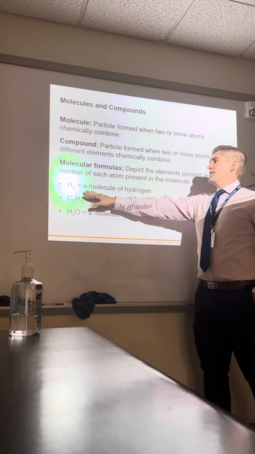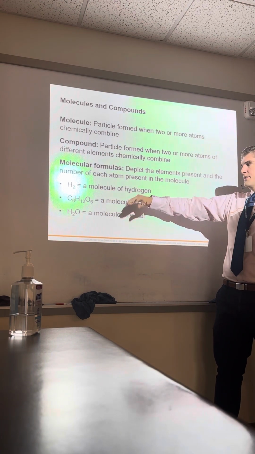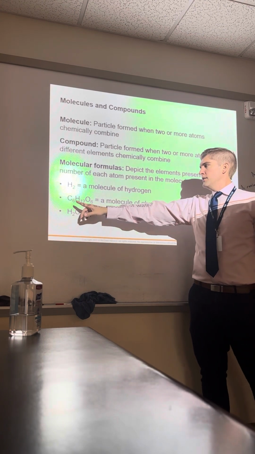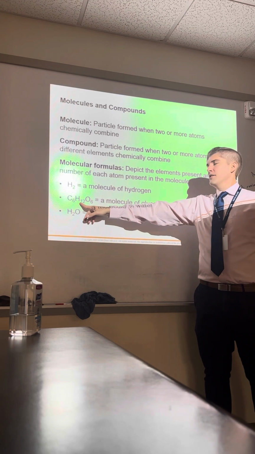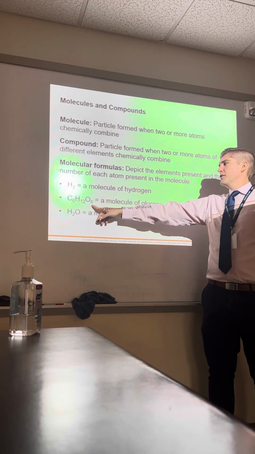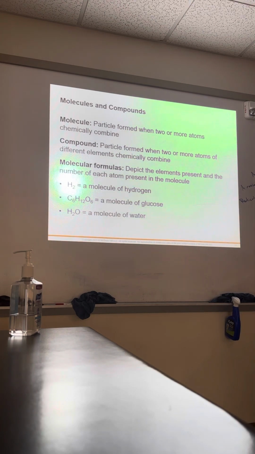H2 tells you that there are 2 hydrogens in this molecule. Glucose has 6 carbons, 12 hydrogens, 6 oxygens, right? Yeah, that's just a summary, that's like an inventory of every atom that's inside glucose.